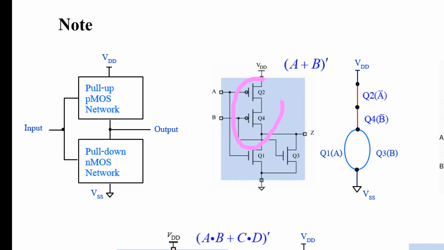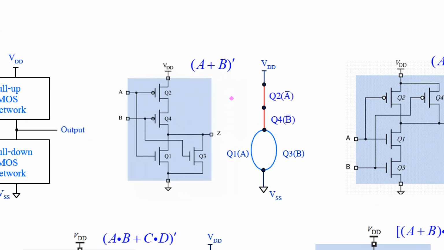And if the upper part of the circuit connects in series, the lower part of the circuit must connect in parallel. If we use some graph to represent the switch or transistor controlled by A, this line, or this edge, represents a switch or transistor.